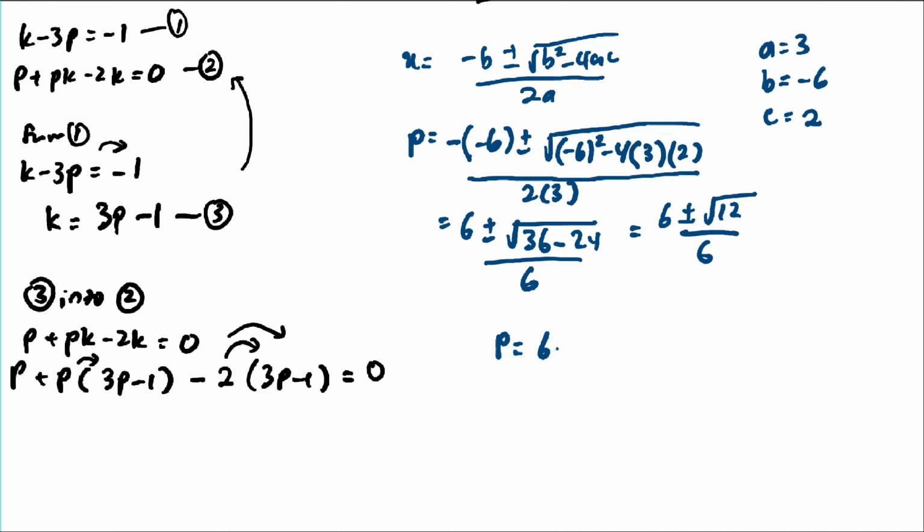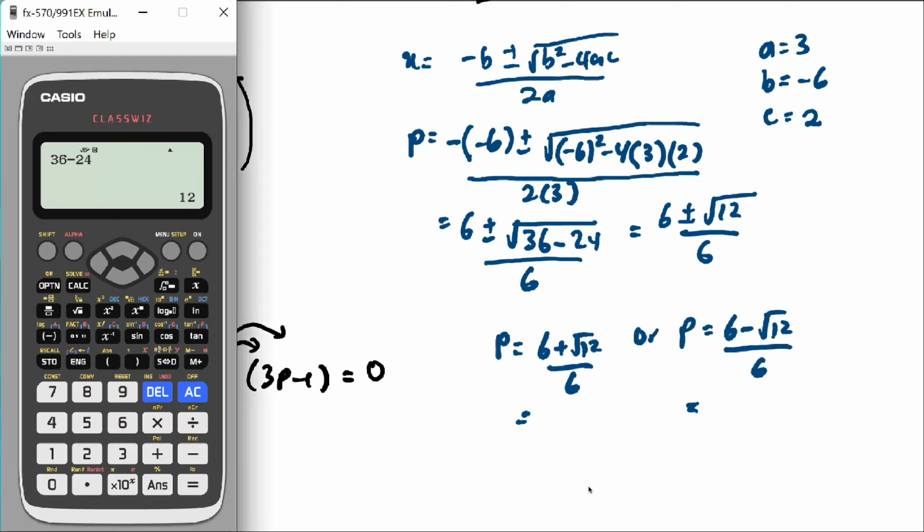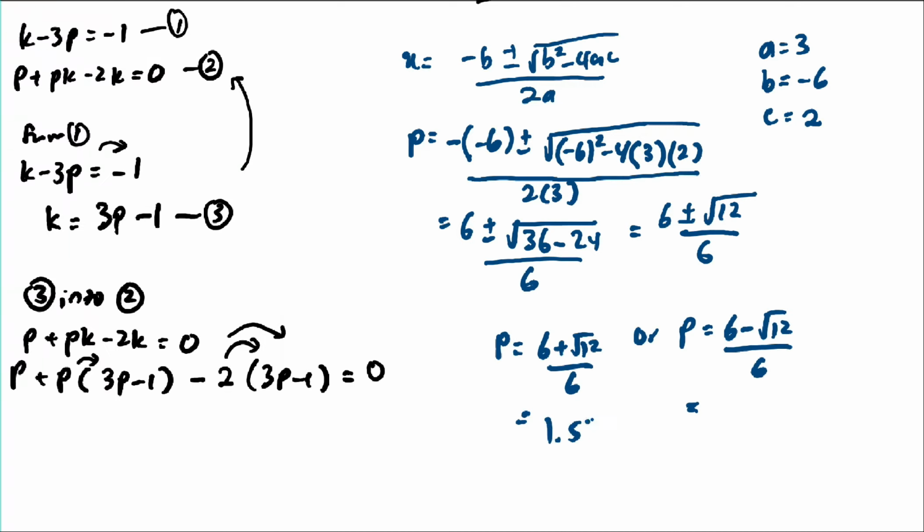So p is equal to 6 plus the square root of 12, divided by 6, or p is equal to 6 minus the square root of 12, divided by 6. You can use the calculator for this one. 6 plus the square root of 12, divided by 6, we get 1.5773. 1.577 is enough for 4 significant figures, but more is also okay.